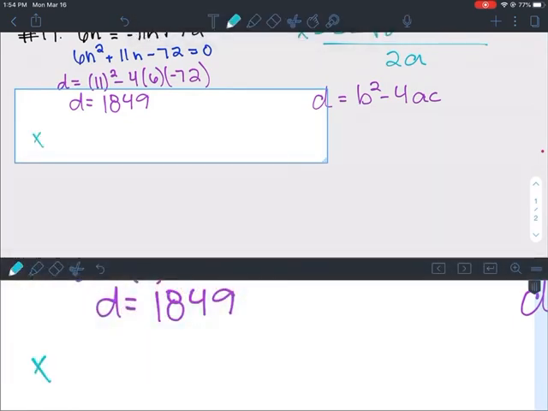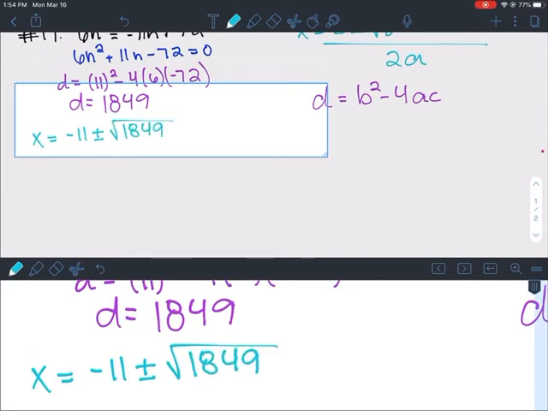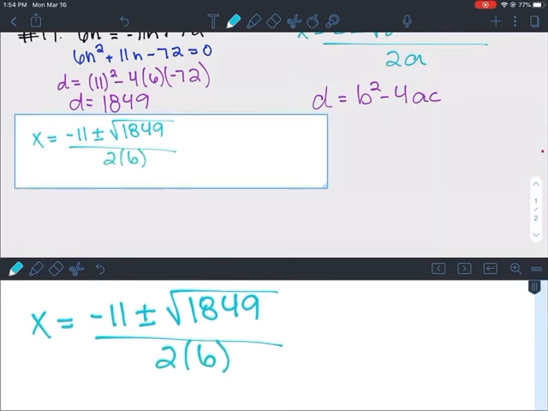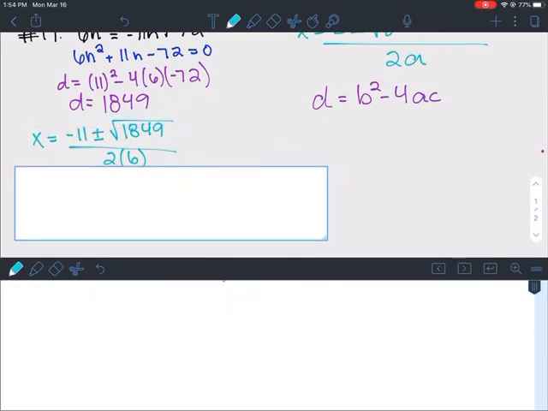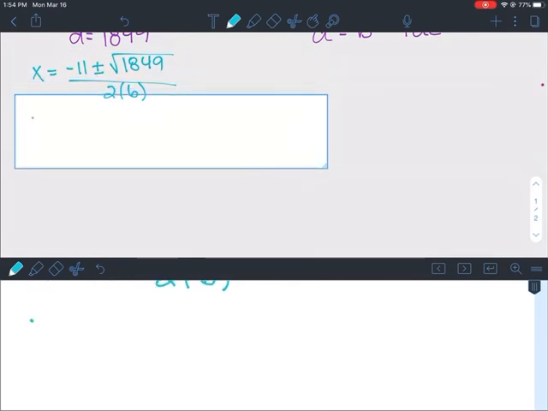So now I simply just have to plug that into my quadratic formula. So x equals the opposite of b, which would be negative 11 plus or minus that discriminant, all divided by 2 times my a value. So when I do something like this, that is actually a perfect square, so we get some pretty nice numbers.